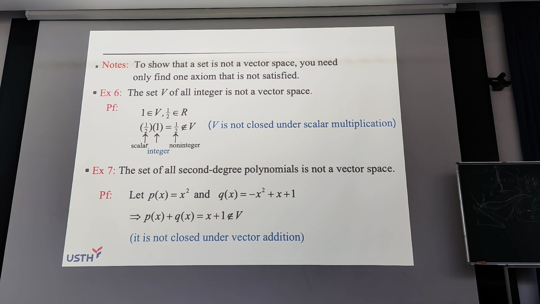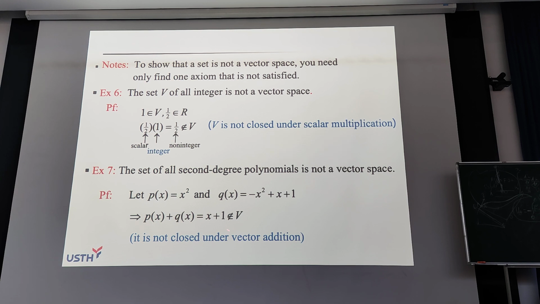Here, if we choose P to be x squared, Q to be minus x squared plus x plus 1, then P(x) plus Q(x) equals x plus 1. Now, the polynomial here is of degree 1, not 2.